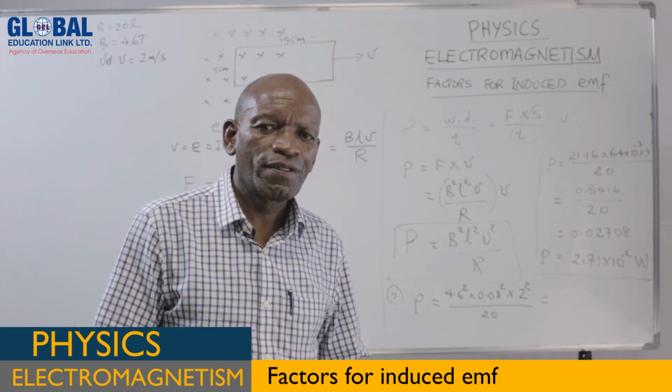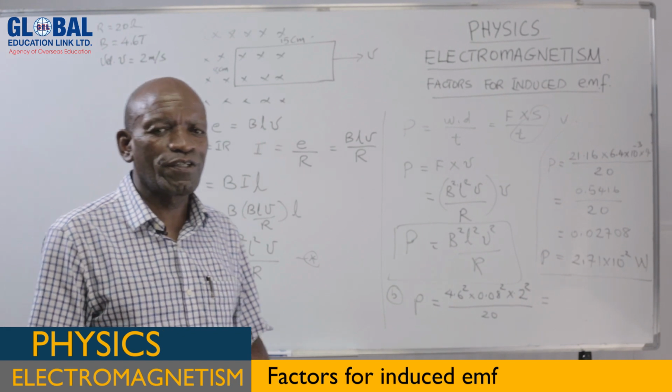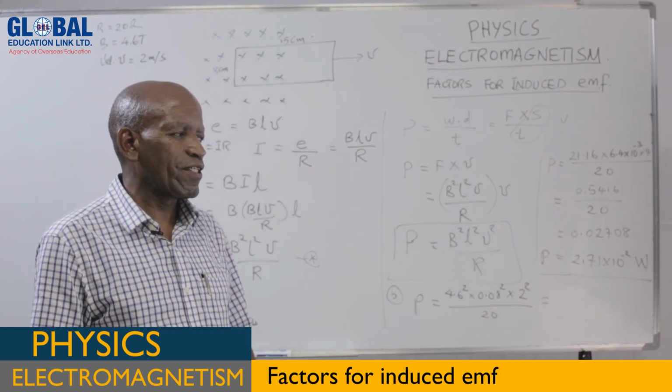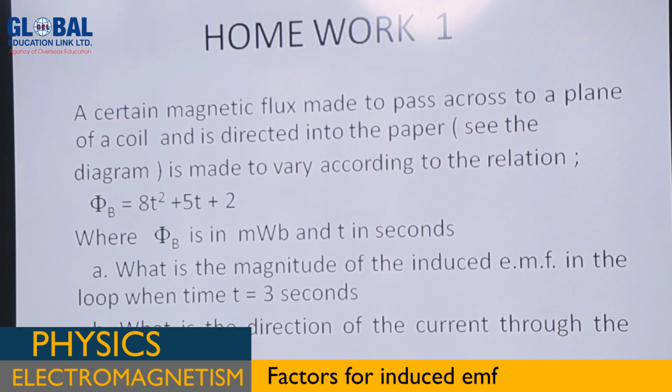Okay, students, now we are going to see a question for you as homework. The question goes like this. A certain magnetic flux is made to pass across the plane of a coil and is directed into the paper. There is a diagram for this question.